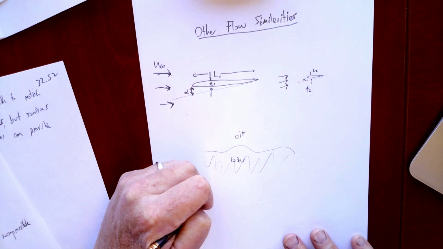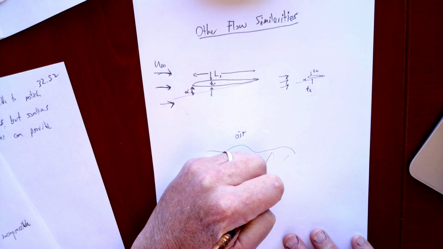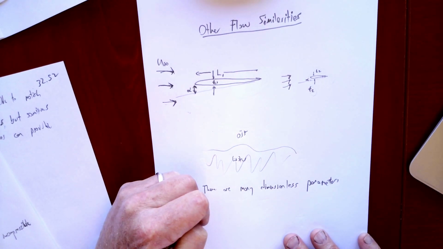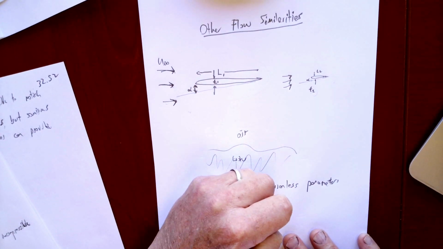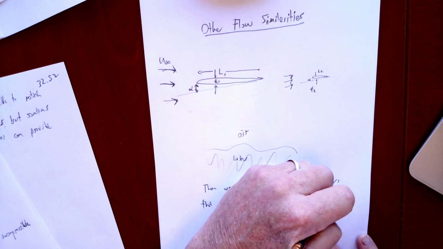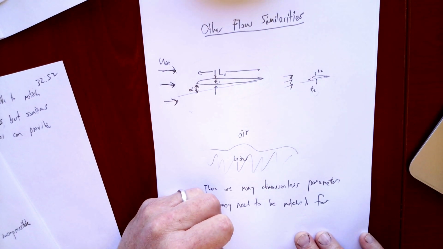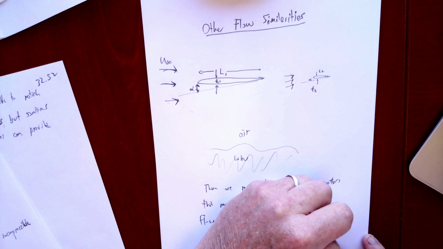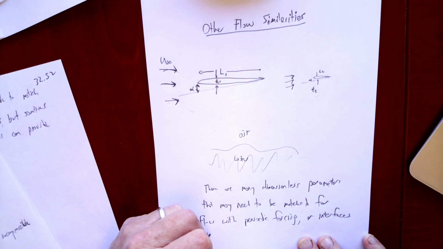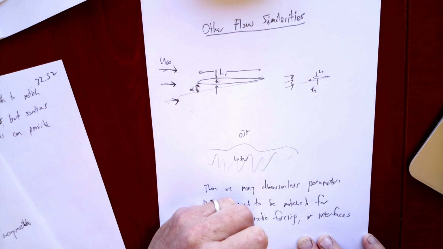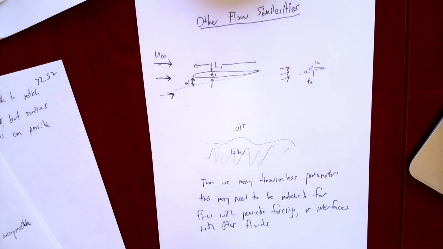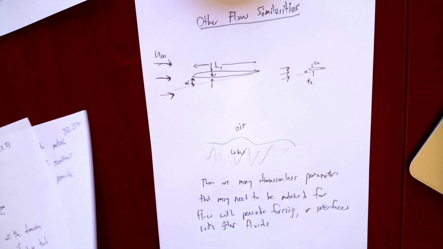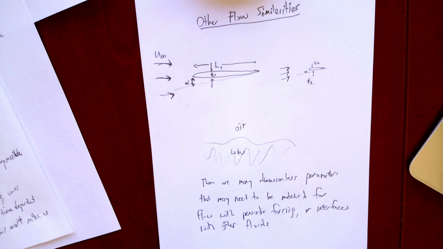There are many dimensionless parameters that may need to be matched for flows with periodic forcing, or interfaces with other fluids, etc. In many cases, it's not really possible to match all those parameters, so sometimes it's important to just pick out the most important ones and run your experiments in such a way that you capture the dynamics that are most important to you.